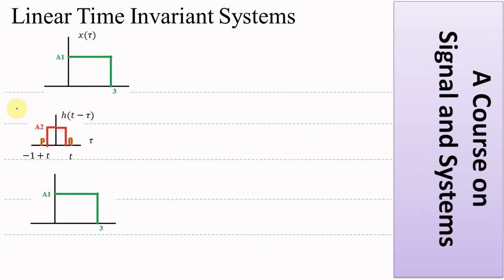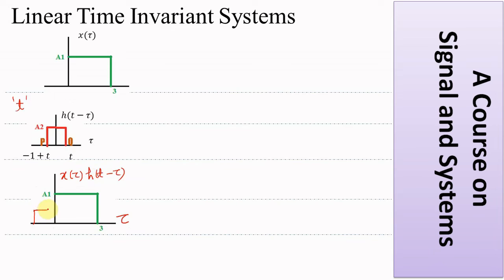I will take different values of the variable time t. The variable of integration, remember, is tau. So I want to plot x of tau multiplied by h of t minus tau. I will plot x of tau, then plot h of t minus tau above it with respect to tau and see. Firstly, we'll consider the case when q is behind this.